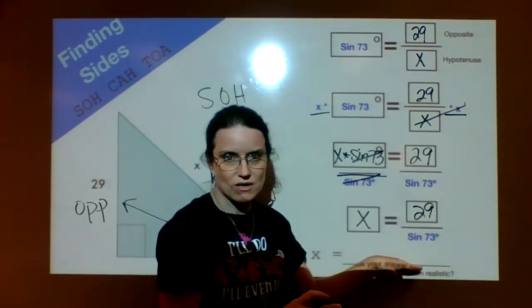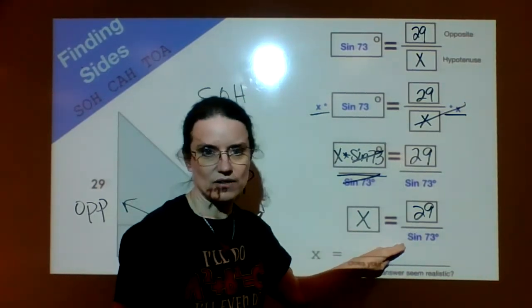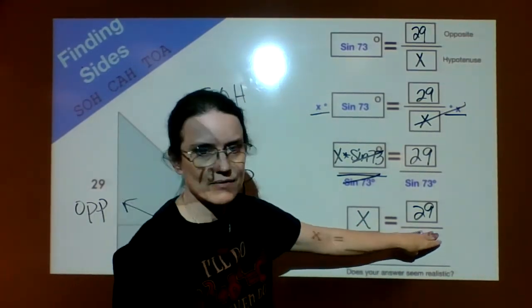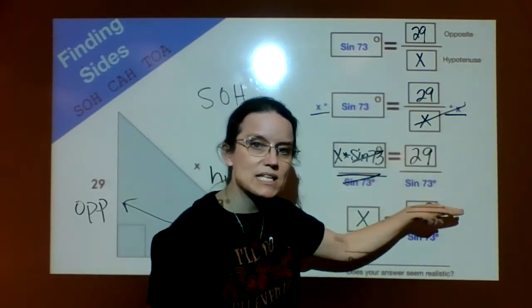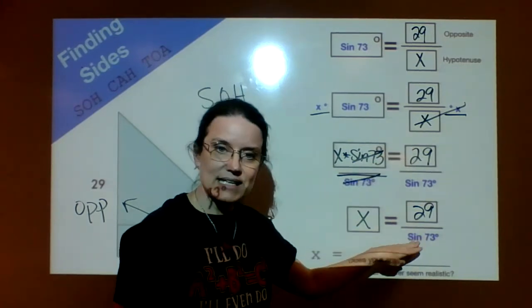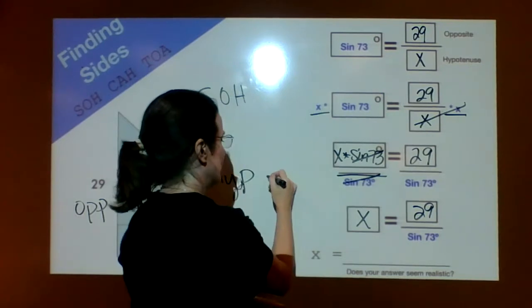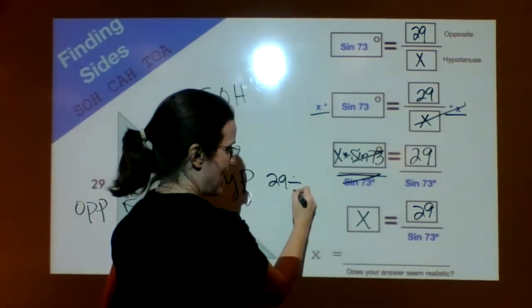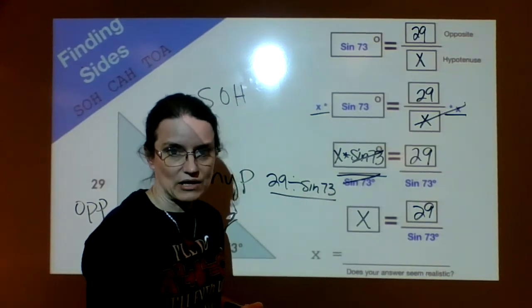Once you get to here, then and only then do you want to plug this into your calculator. Don't plug in the sine of 73 and get your ugly decimal way up here, because that's going to create rounding errors as you go through each step of the problem. Wait till the end, get to here, and then put 29 divided by your sine of 73 into your calculator.